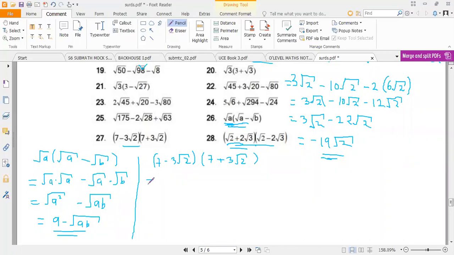So what we basically do here is that we open this bracket whereby we shall get the first number from this, multiply it with the second bracket, then we get this second value, we multiply it with the second bracket. Whenever you're taking a value, please take it with its sign. So the 7 is positive, so we shall take positive 7, and then we multiply it with the second bracket, which is 7 plus 3 root 2.